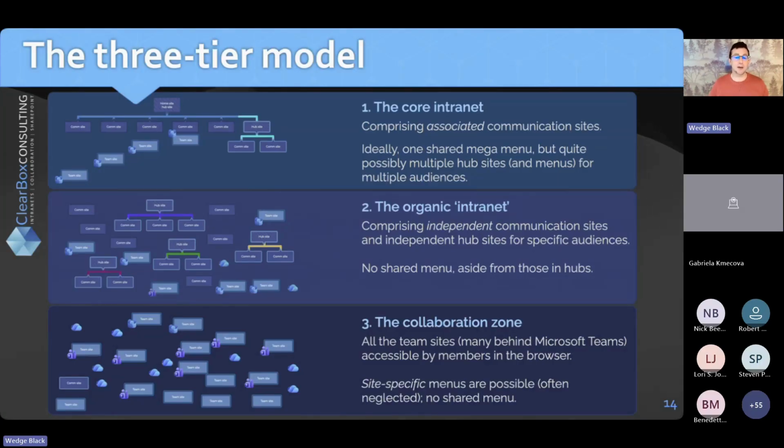And the organic intranet, perfectly respected, perfectly necessary, but I would hope that the lessons learned from managing the core intranet could filter down to the organic intranet, and we could not impose, but we could develop some governance that helps the navigation and information architecture and the employee experience of these larger bits of the organic intranet.